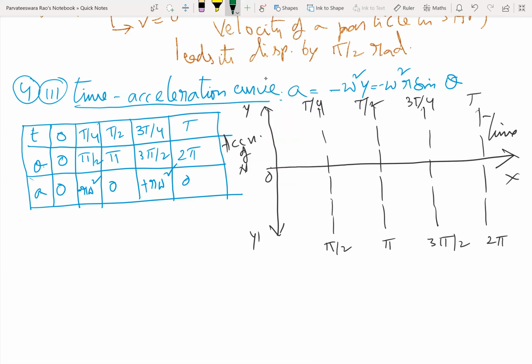So when t is equal to 0, acceleration is 0. Limits are plus R omega square and minus R omega square. For pi by 2, that is T by 4, a is minus R omega square. For T by 2, it is 0. For 3T by 4, plus R omega square, then 0.